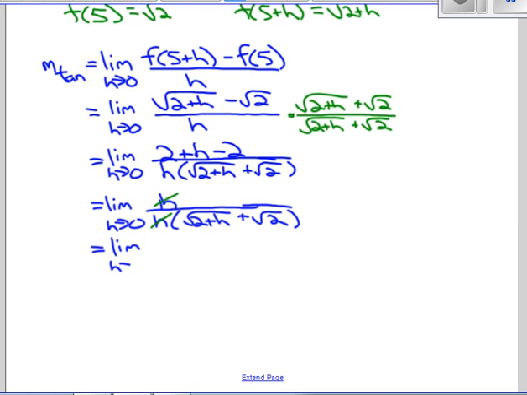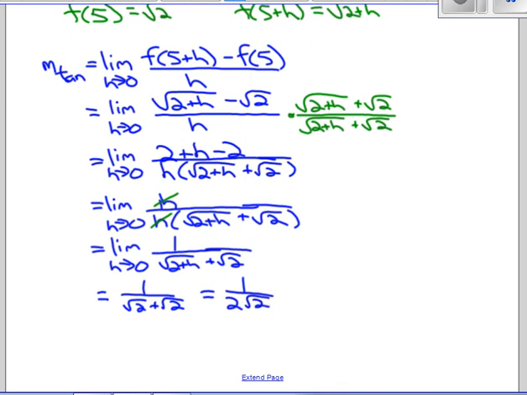Lim as h goes to 0 of 1 over root 2 plus h plus root 2. As h goes to 0, that's just going to be root 2 plus root 2 on the bottom, or 1 over 2 root 2's.